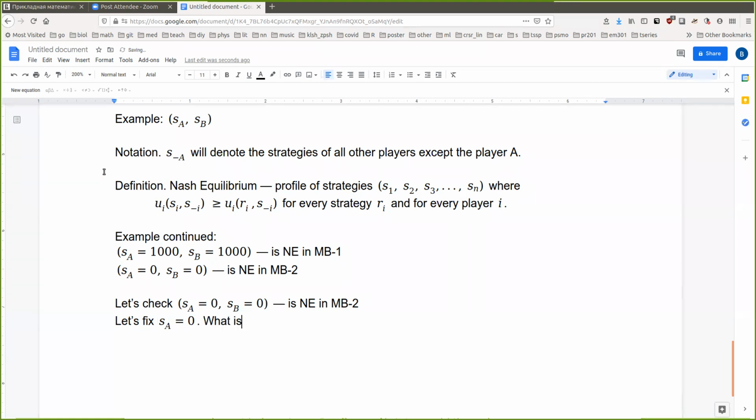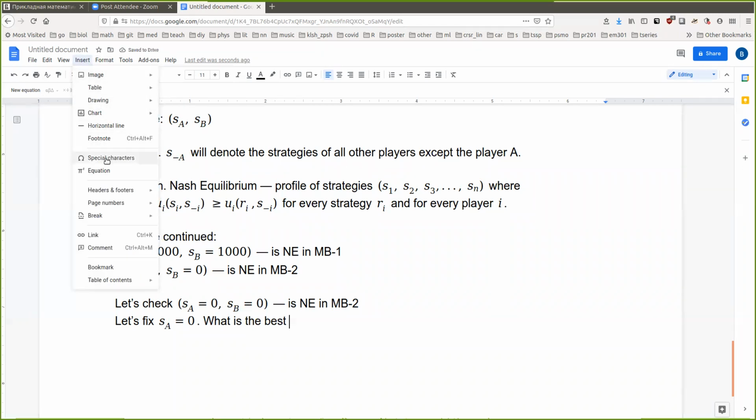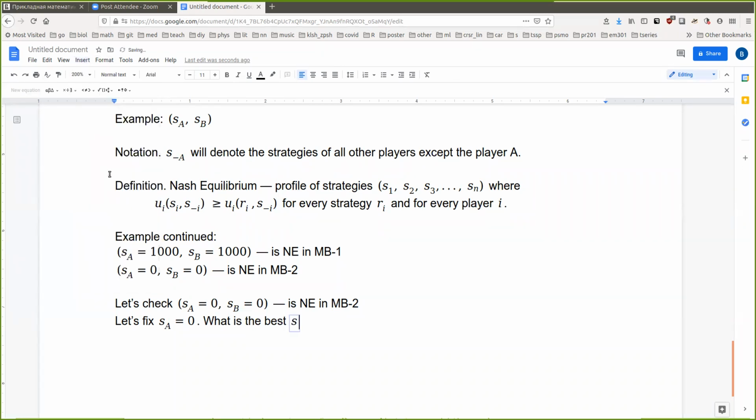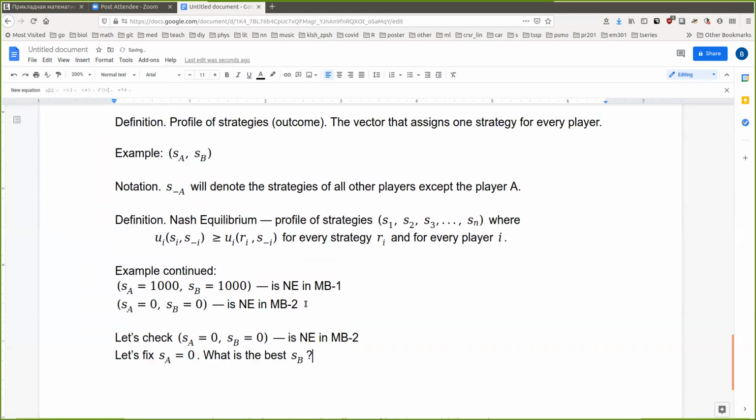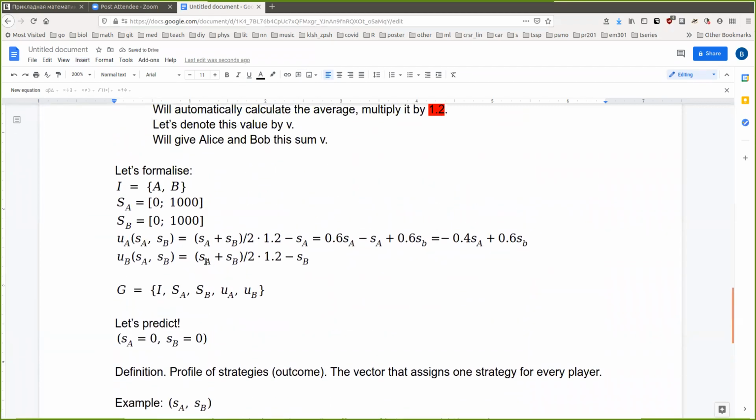What is the best S_B? And if we look at the equations, we see that in the second equation, it looks like 0.6 S_A minus 0.4 S_B.